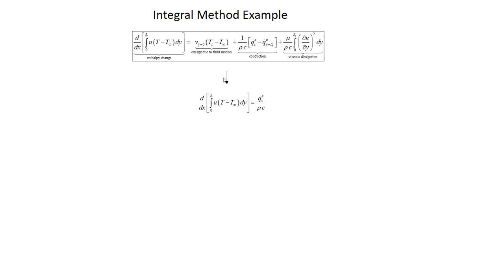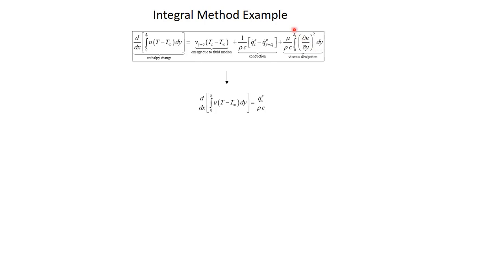So for this particular problem, there is no transpiration, so we don't have to worry about this term. That term's going to go away. There's no energy being conducted at the edge of the boundary layer, so that term's going to go away, and we've decided that viscous dissipation is not important.